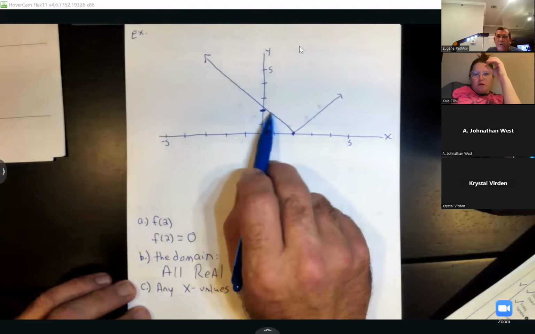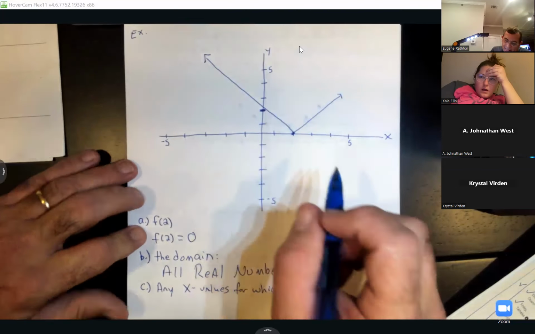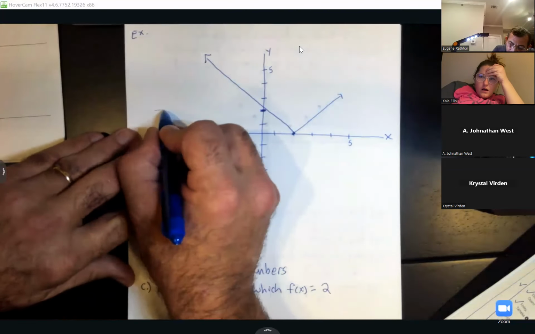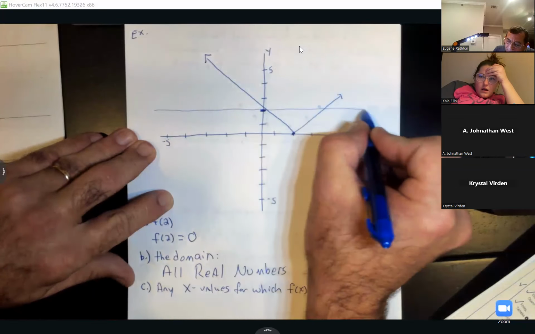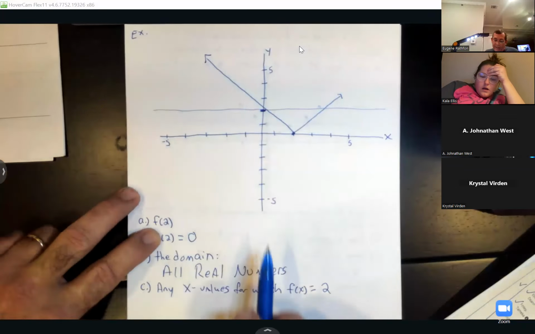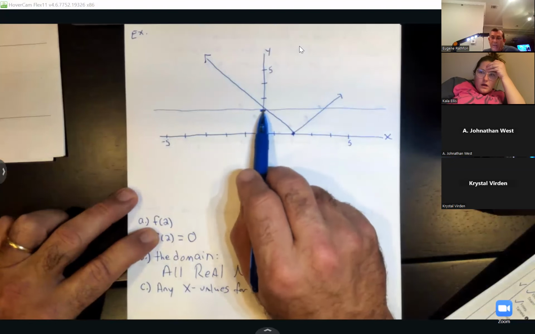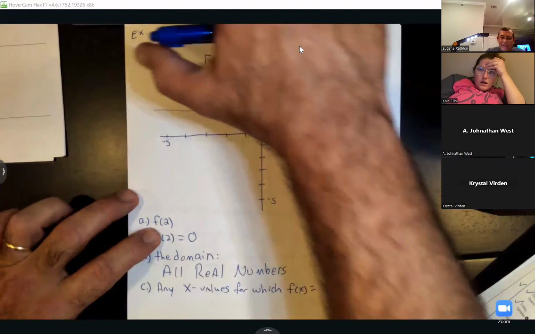Now this one's going to be sort of tricky because my point's a little off from what I needed, but I would draw a line going straight across at that 2. I was wanting this one sort of to hit it right on the y-axis here.